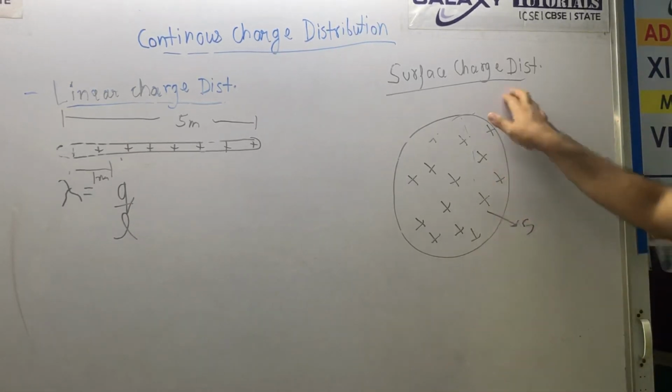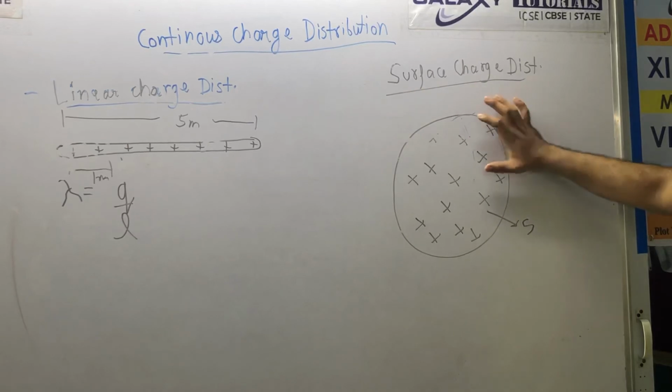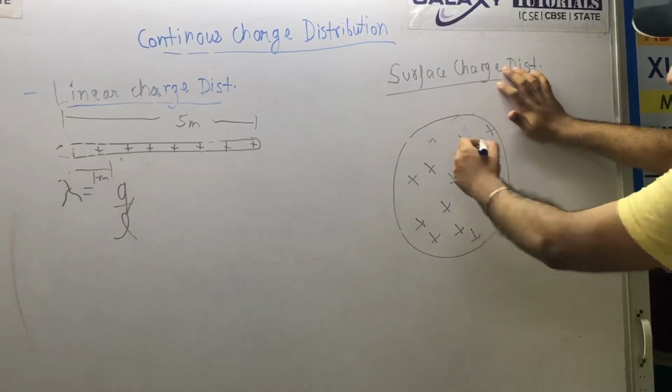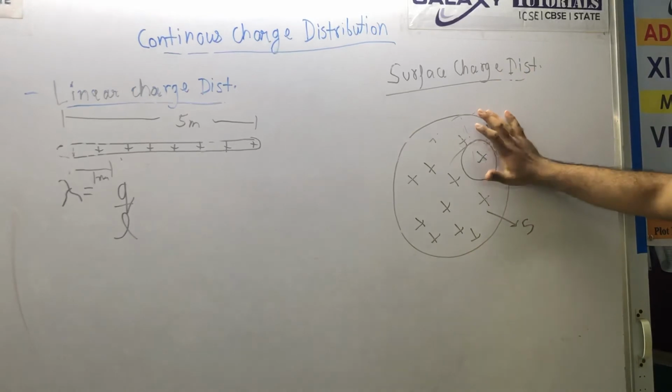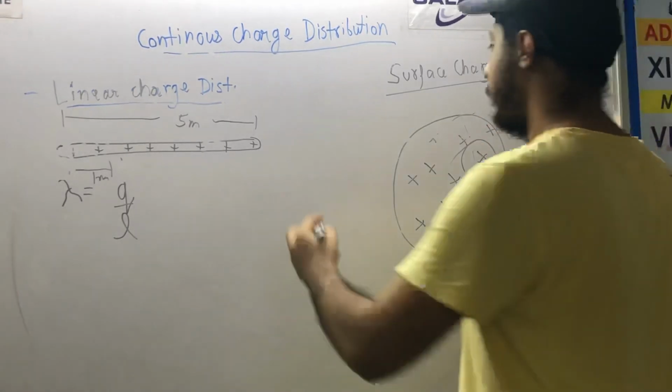So what does the surface charge density tell us? In 1 meter square of area, how much charge is distributed? The formula is quite simple.